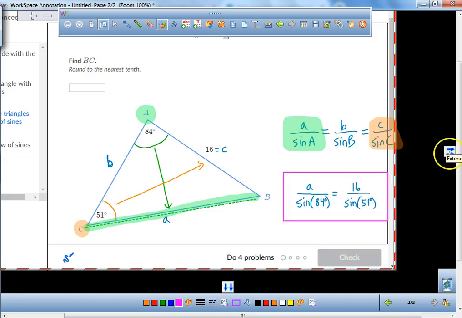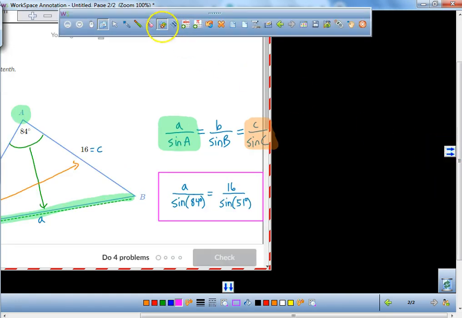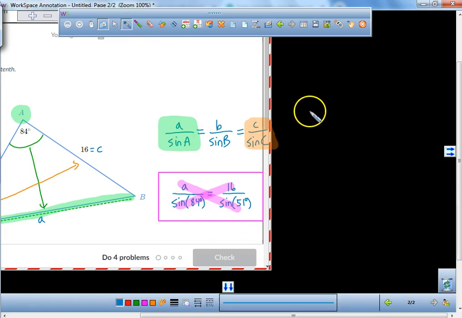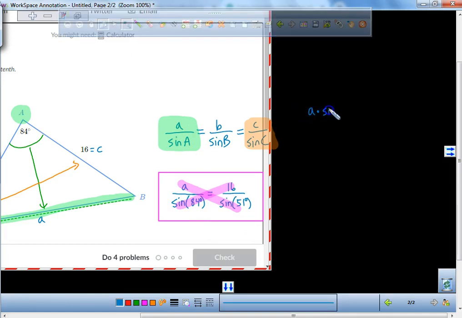Over here on the blackboard, I'm going to solve it for us. After you write it down, I would like you to take the cross products, please. Now the cross products are a times the sine of 51 degrees equals 16 times the sine of 84 degrees.